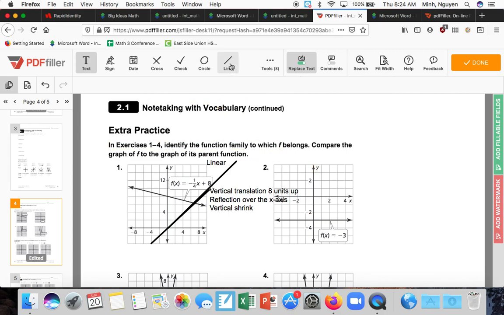So if I started off here, what's the difference, right? In this case, just move down by 4, a vertical translation, 4 units down. And this is a constant from the family of constants.